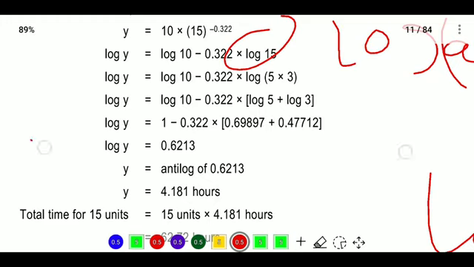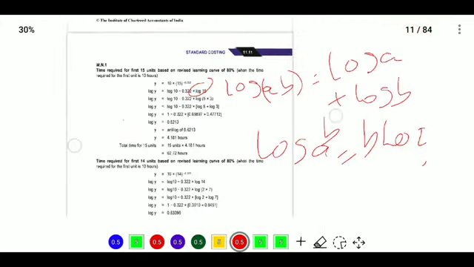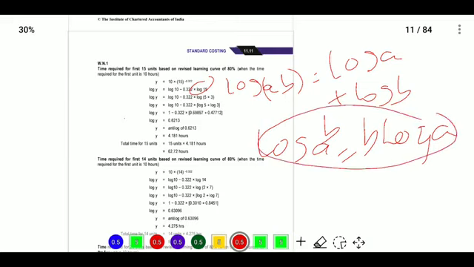Coefficient value will come down. Why? This is the case of log A to the power of B, so B will come down, so 0.322 will come down.